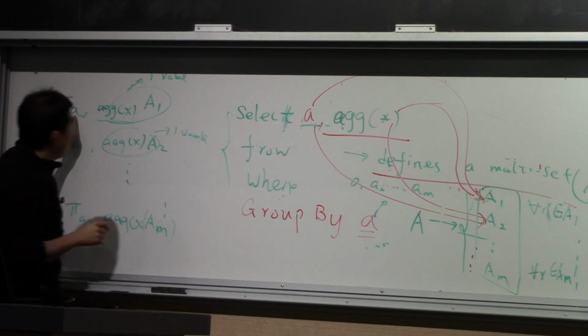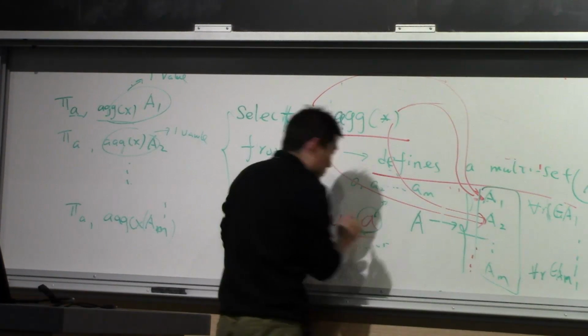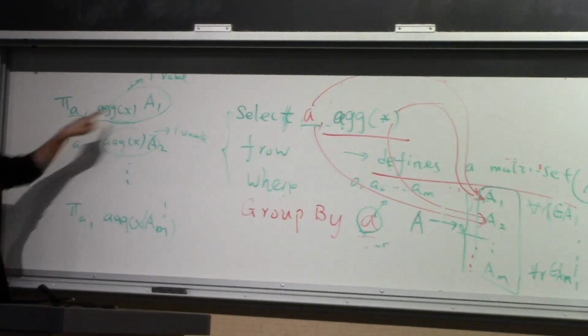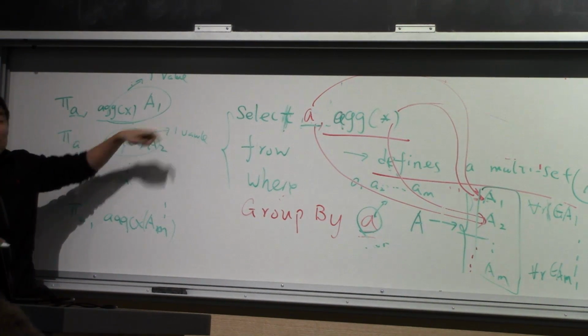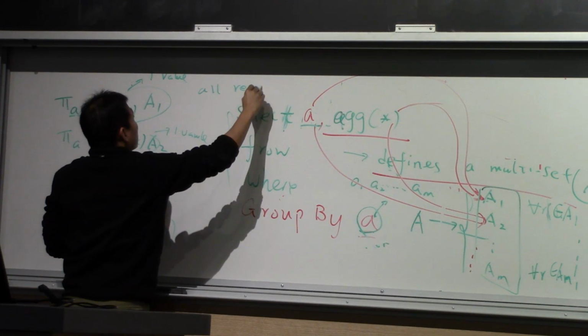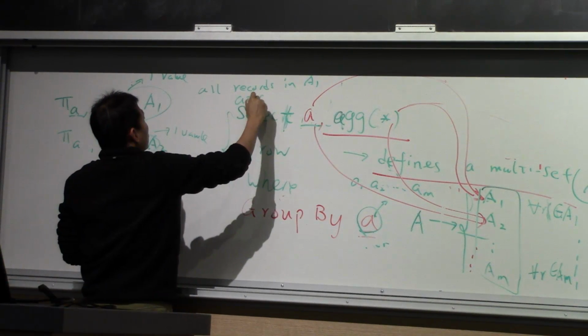However, note that I'm doing projection over this value A, and I'm doing the grouping by with the value A. What can you say about this attribute for all records in A1? What can you claim about that? Well, all records in A1, their attribute A equals a1.